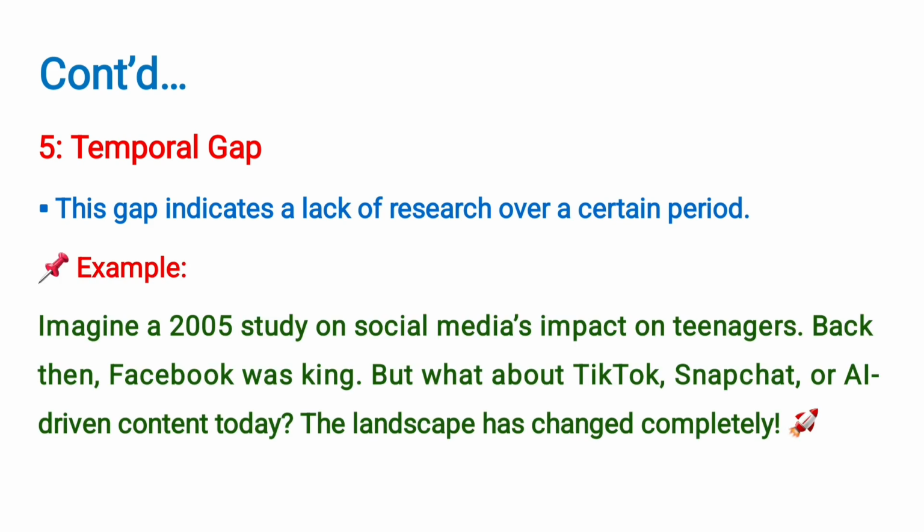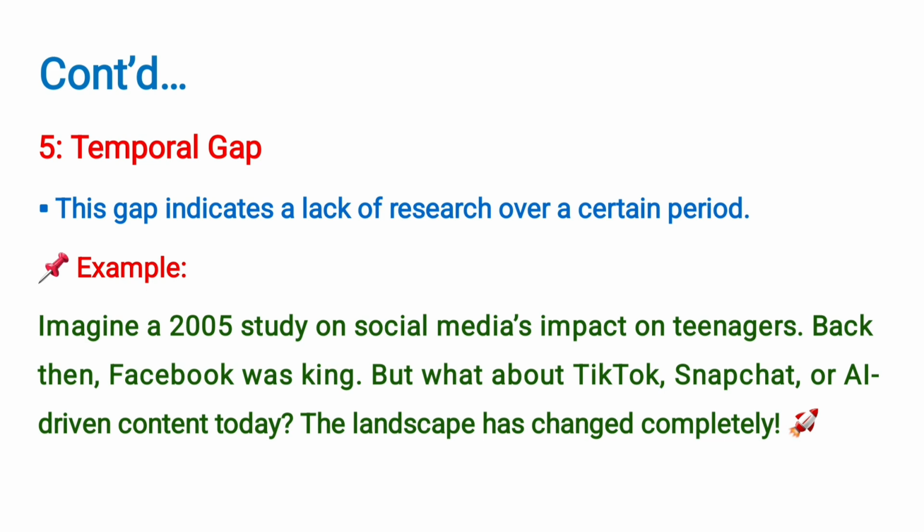For example, imagine a 2005 study on social media's impact on teenagers, and back then, Facebook was the king. But what about TikTok? What about Snapchat or AI-driven content today? So the landscape has changed completely. So if you find research that hasn't been updated in years, you need to revisit it with new data, so you will make a major academic impact.